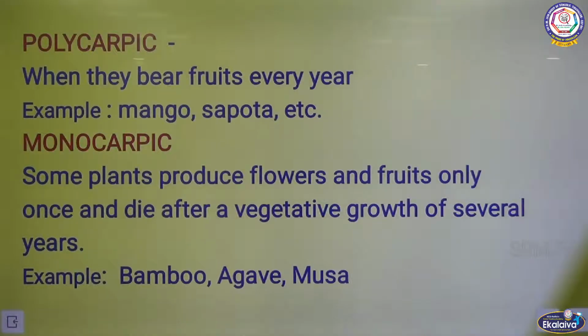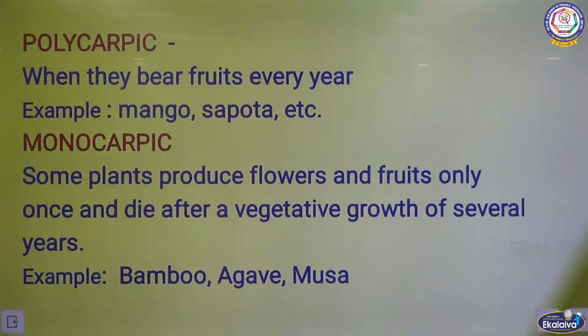In this we will find that if the plants bear fruits every year, then we call them polycarpic. That is, every year you will find vegetative growth followed by reproductive phase, and then again it starts with vegetative, reproductive, and it continues.